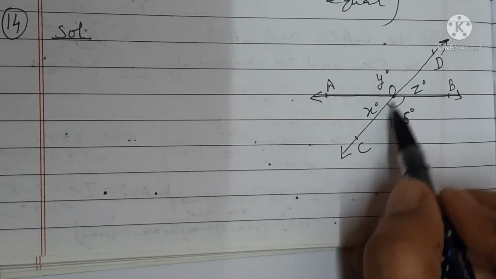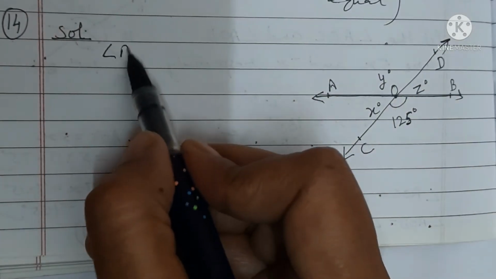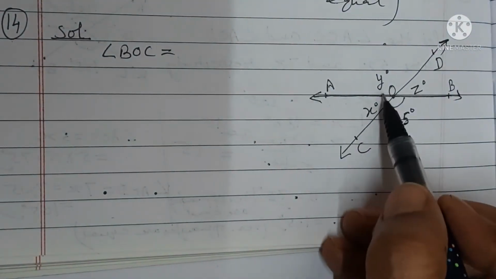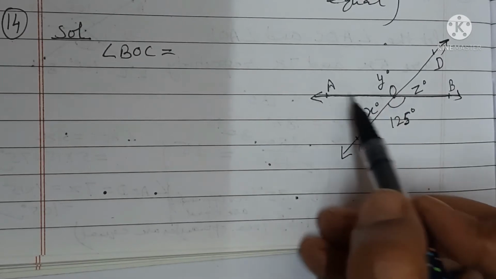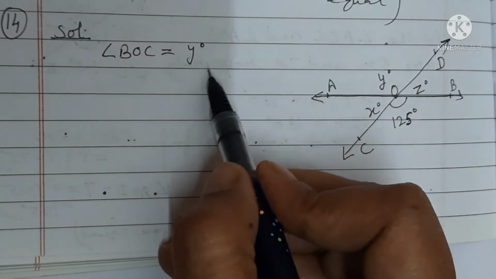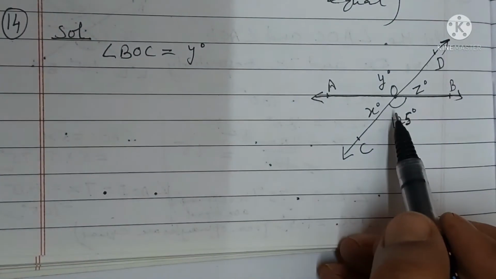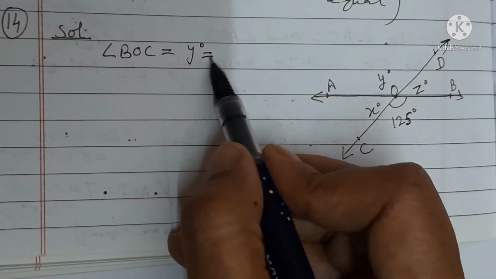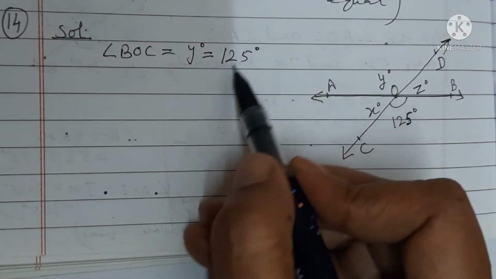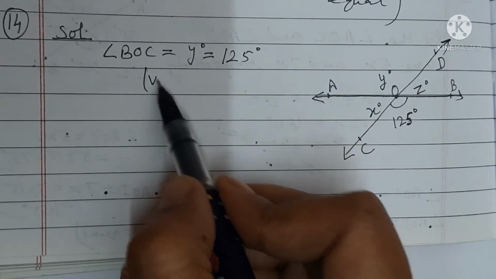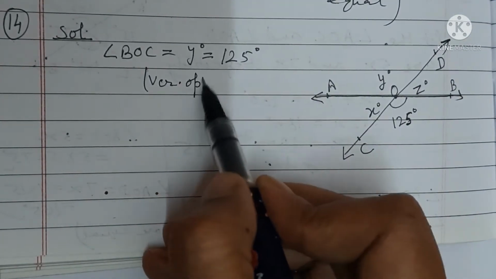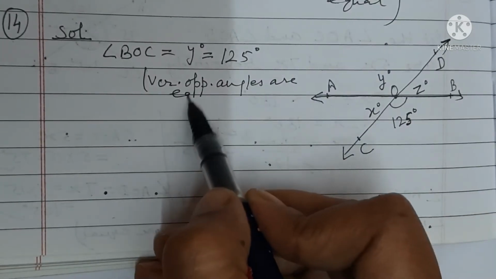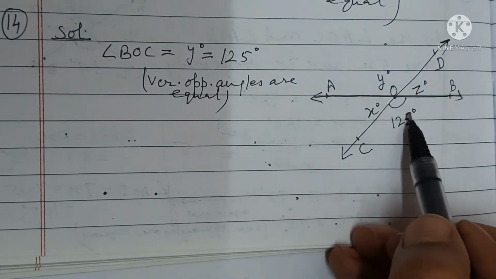So angle BOC is equal to angle Y degree, vertically opposite angles. Here BOC is 125 degree, and reason is vertically opposite angles are equal. Very easy.